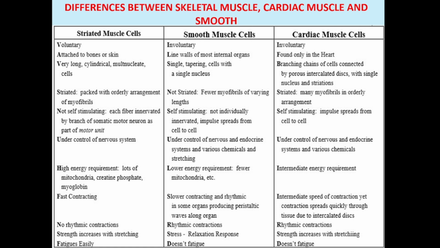Striated is voluntary, this one is involuntary, and this one is involuntary, and then the details of each one, of the smooth and the cardiac muscle. Self-stimulating, is it? Self-stimulating. This is not self-stimulating. So in the end you can look at this table, and it makes you understand it better.